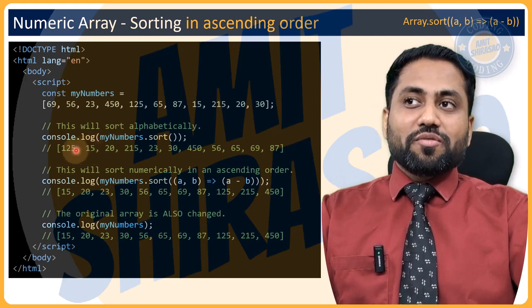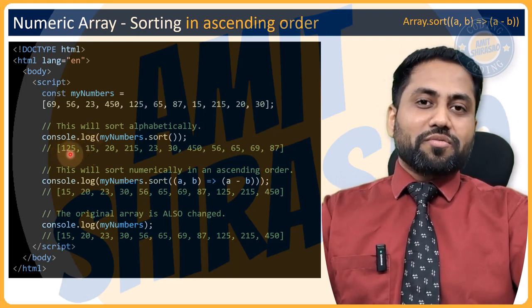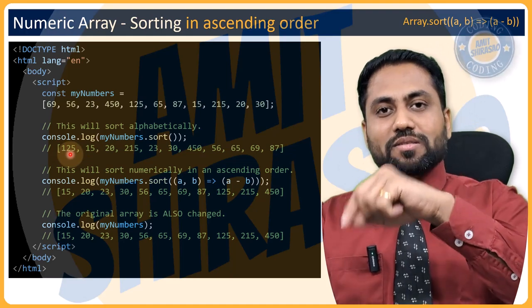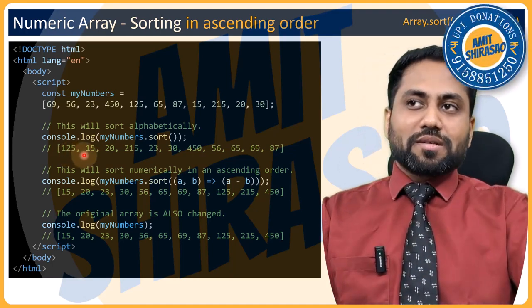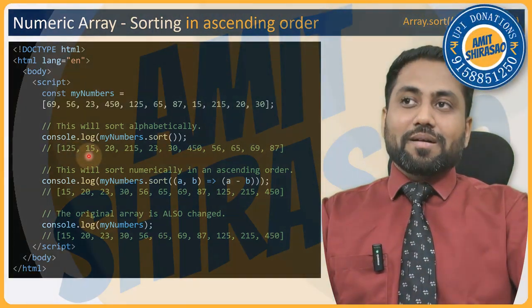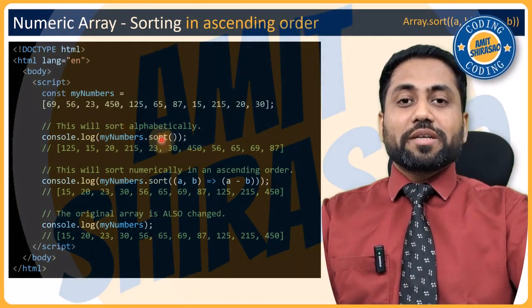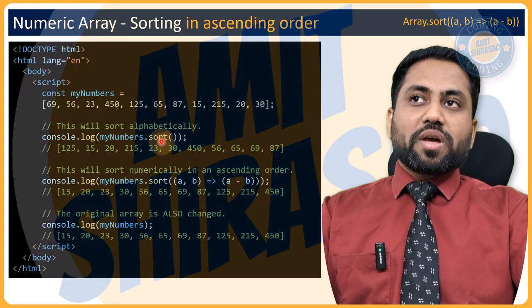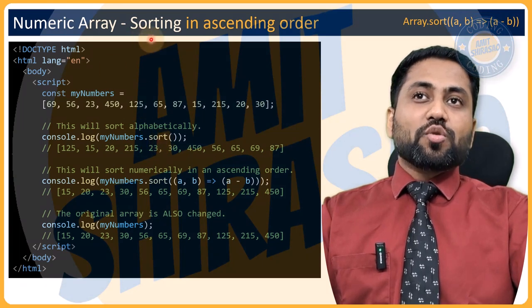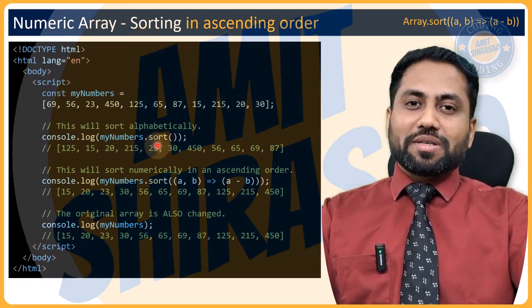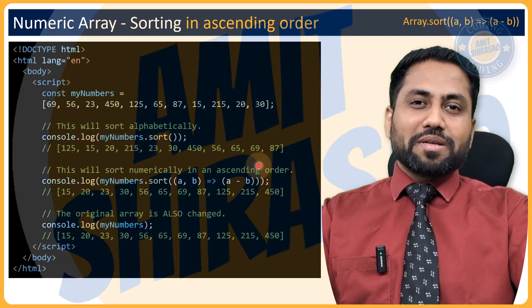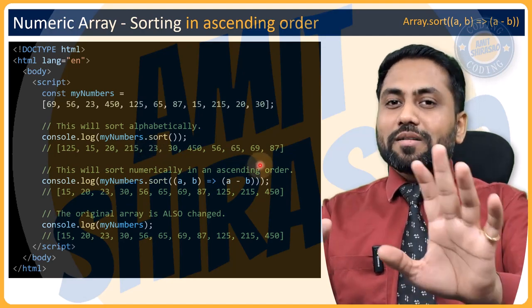So before 5, 2 comes, right? So 125 is smaller than 15, because you're sorting it alphabetically, because the sort method sorts it alphabetically. So if you have a numeric array, then don't use the sort method for sorting it, otherwise you'll get a wrong result, because you want to sort it numerically.